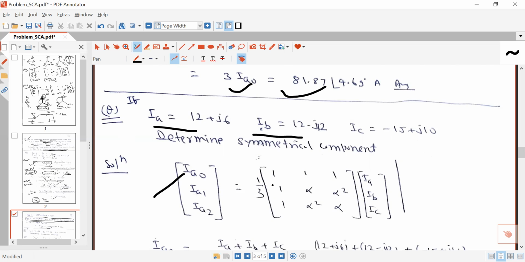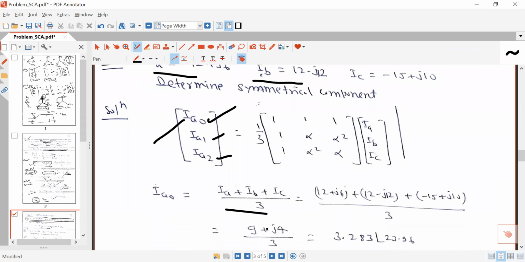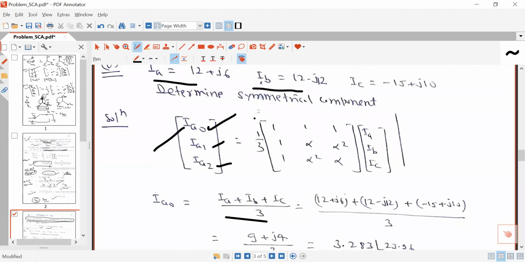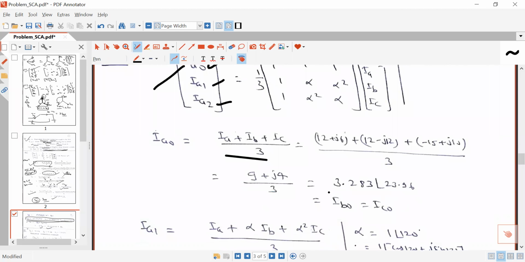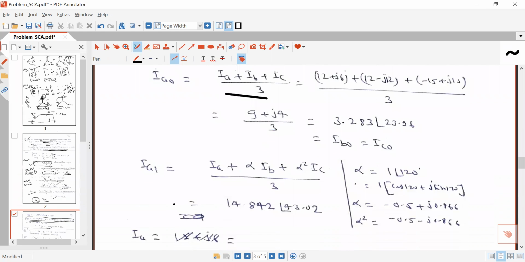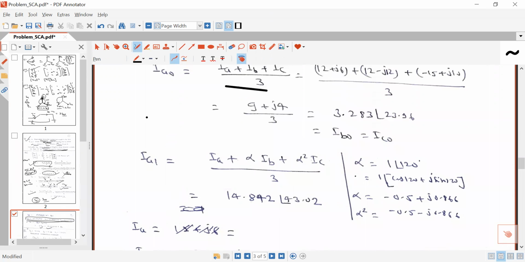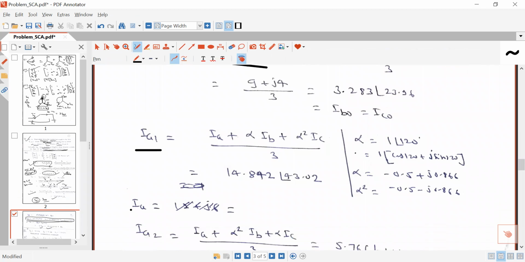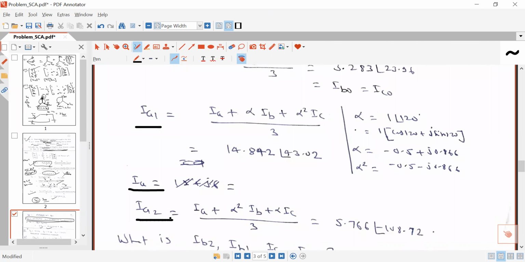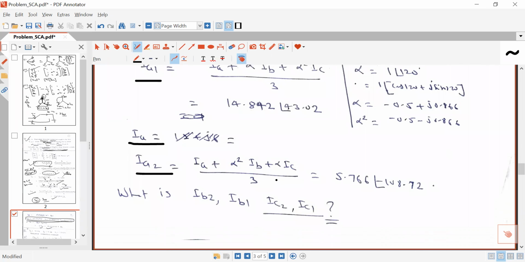From this equation, by the concept of matrix multiplication, you can find the values of these three sequence components. You just have to put in the values of IA, IB, and IC given in the problem, and you can get the values of IA1, IA2, and IA naught. And if IA naught, IA1, and IA2 are known, then from these three phasors you can determine the sequence components for the other phases also.